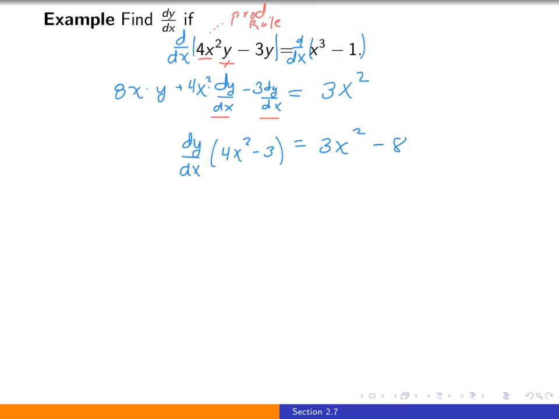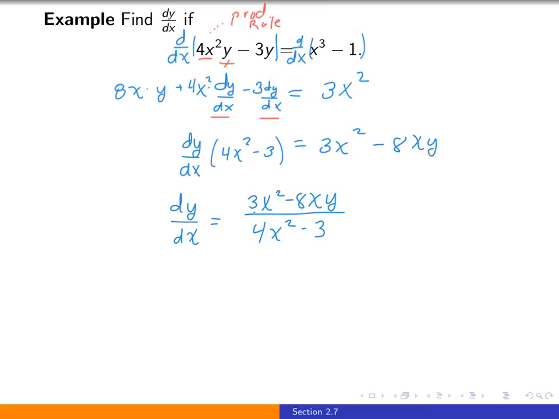So minus 8xy. And now we algebraically isolate dy dx, which is the quantity we wish to solve for. We have 3x squared minus 8xy on the right, and we are dividing this by 4x squared minus 3.